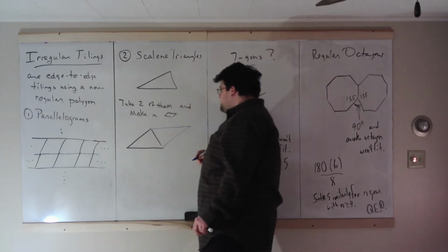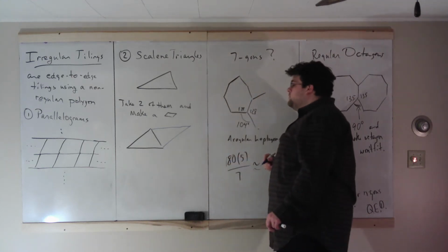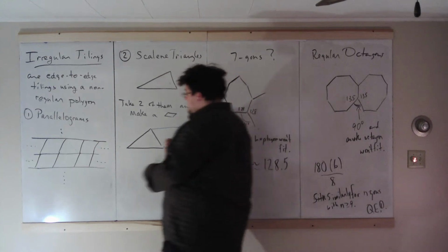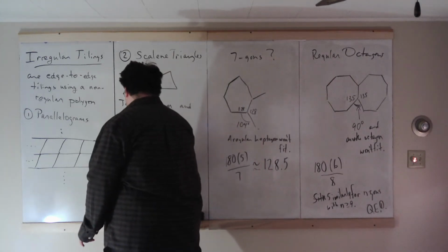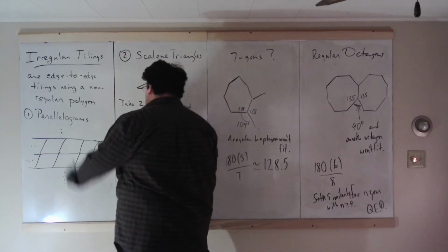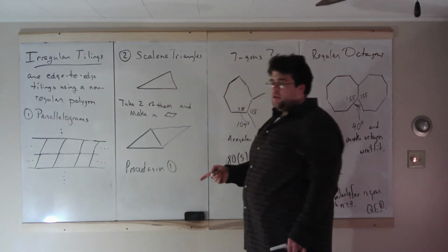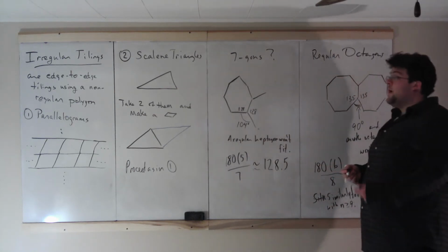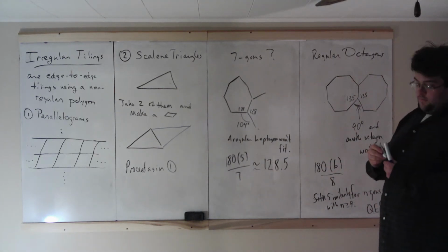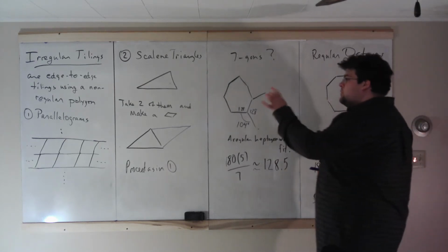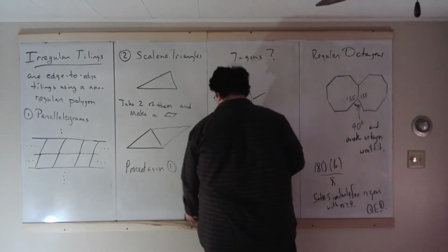And then the other edge like that. So right here, we took 2 and made a parallelogram, and then proceed as in 1. So now we have a parallelogram. You can fit them together in the same way. You can make a tiling using scalene triangles by doing them 2 at once when they take this form.